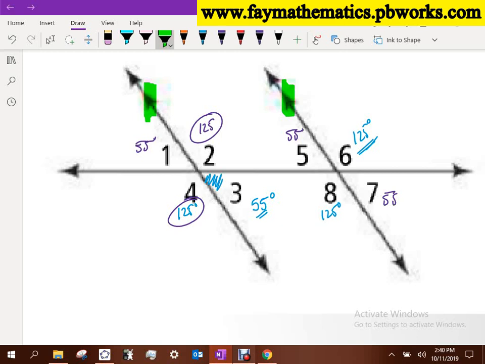Now, I just want to make sure we understand this. If I did something like that, oh, not like that.